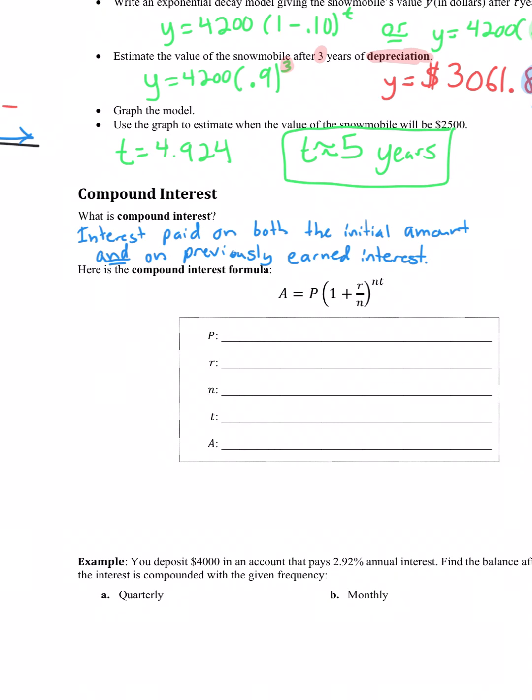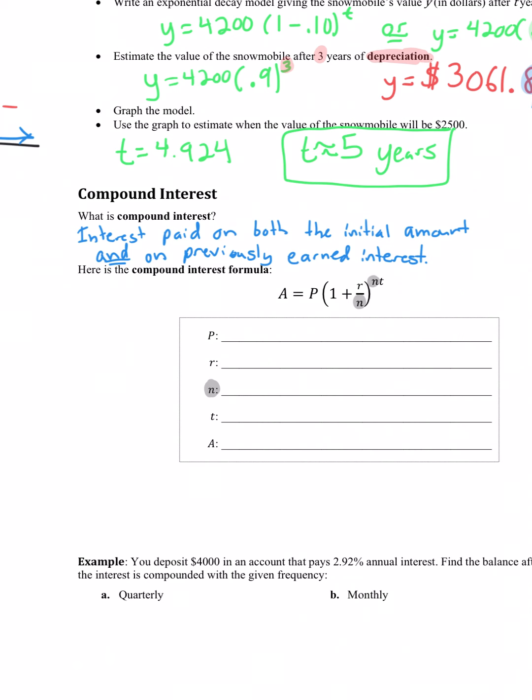Now this formula looks really scary, but it's not too bad. There's only one new thing here. It's this variable n. Everything else is the exact same as the formula up above, but this compound interest deals specifically with bank accounts.